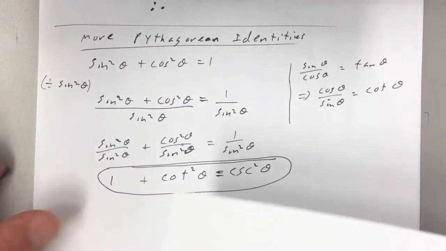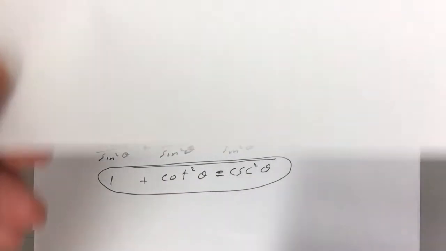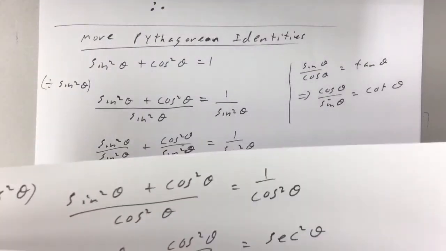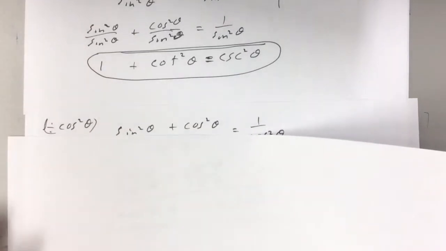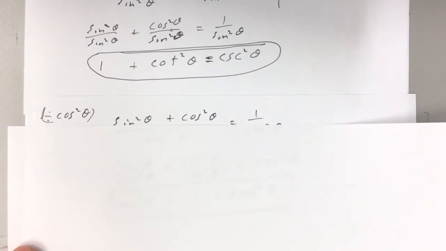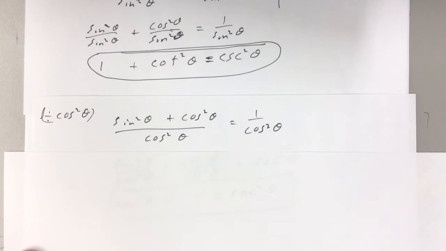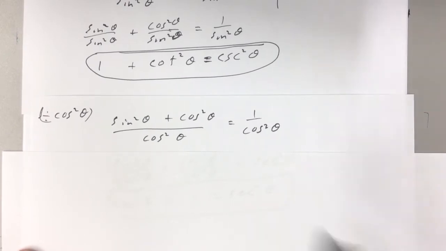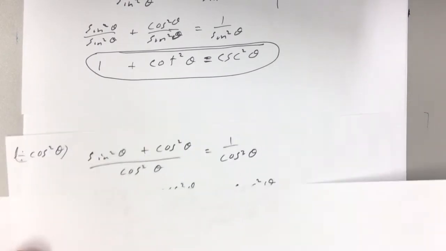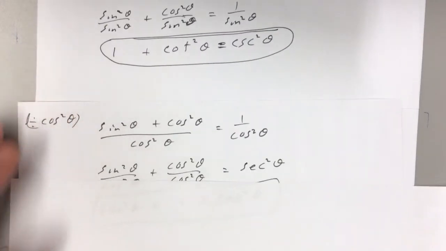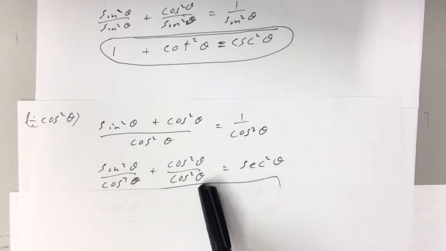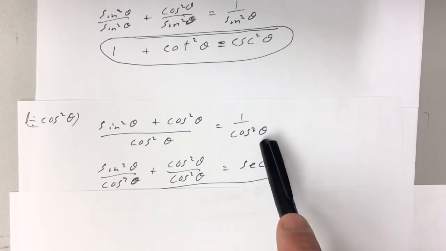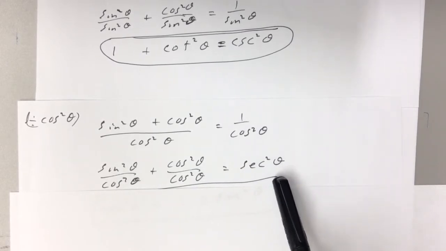Okay? And another one, if we divide both sides by cosine squared, okay, so if we take that and divide both sides by cosine squared theta, then we get this. We break that side up again, and we've got sine squared over cos squared, and 1 over cos squared theta is just secant squared.